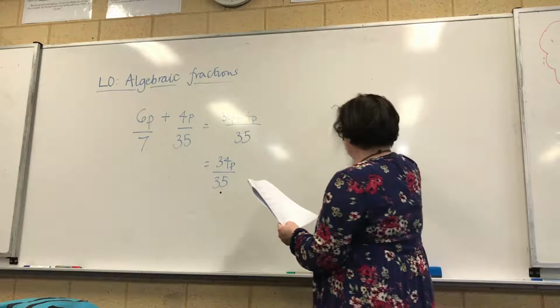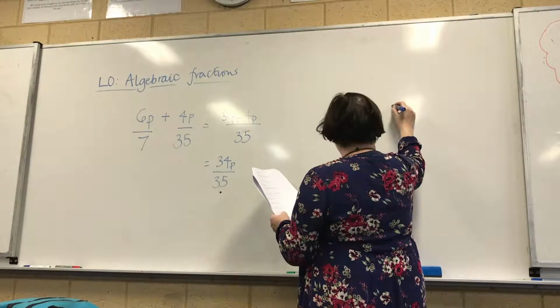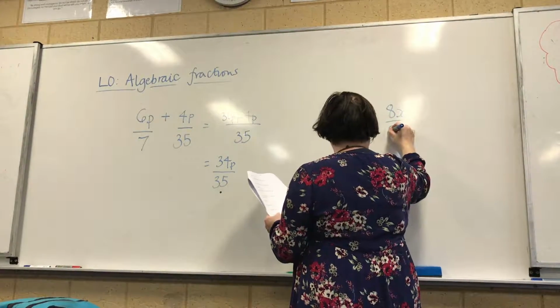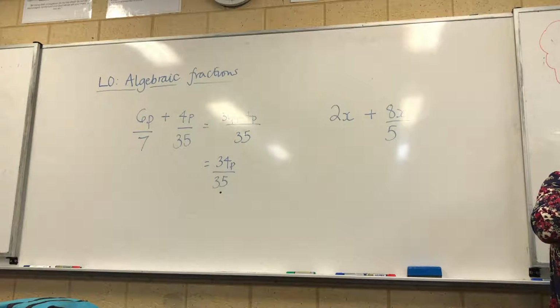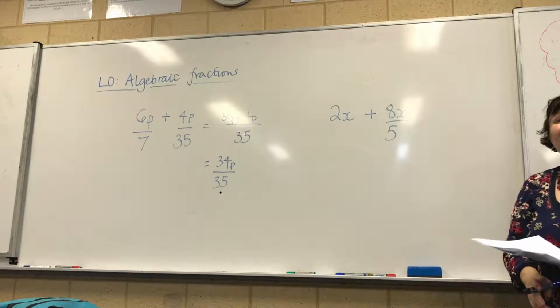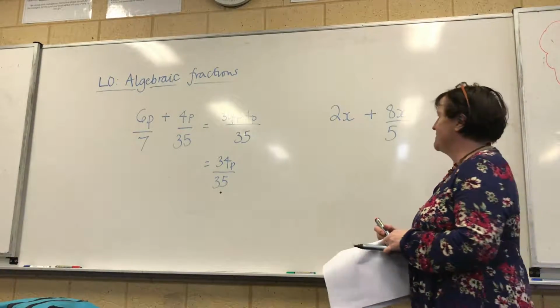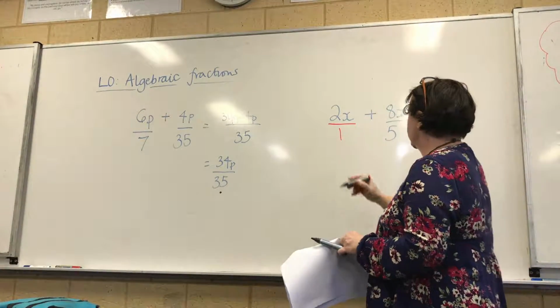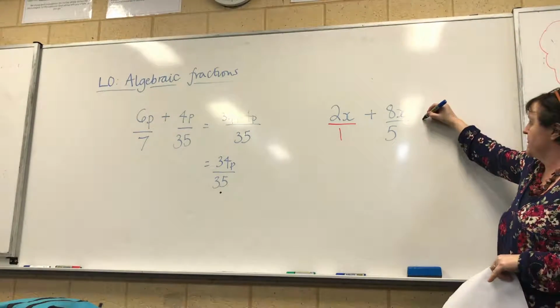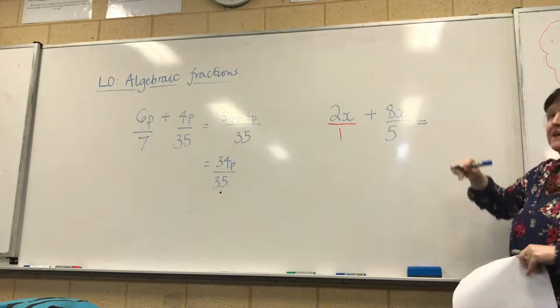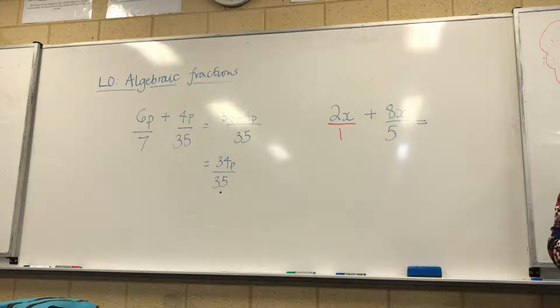Okay, we'll just do one like this, 2x plus 8x over 5. Now what would you do here? Would you put that over 1? Well done, you'd make that into a fraction over 1, that's right. Okay, then new common denominator, 5.